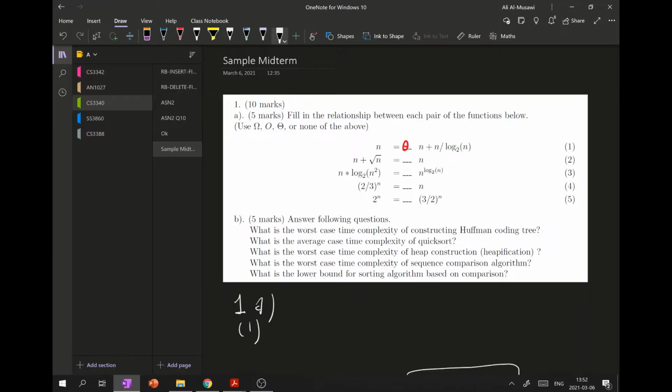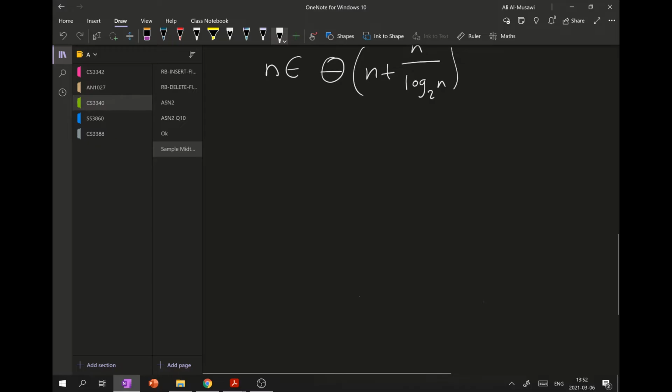Then for the next question we have n plus root n and n. Question 2: n plus root n. As previously, we have n here, and it's n with something added to it, so of course this is going to be less than or equal to that one.